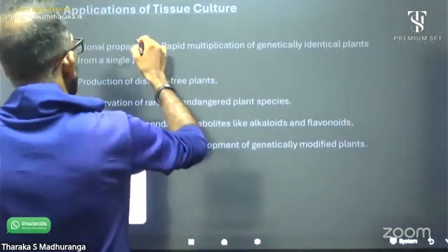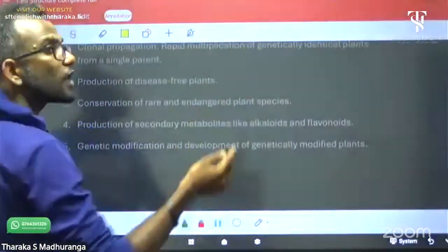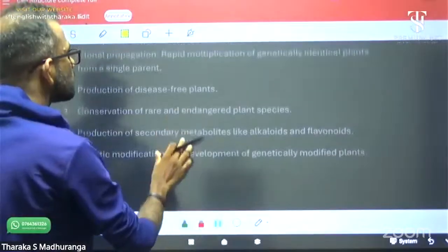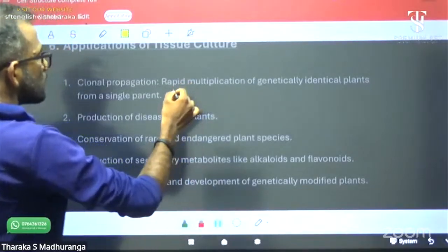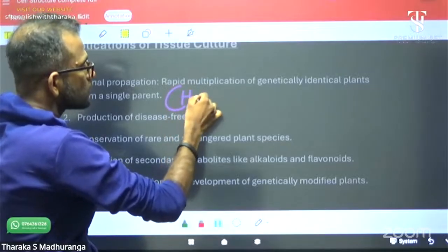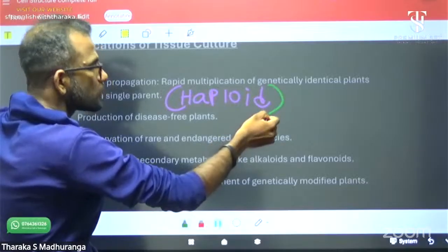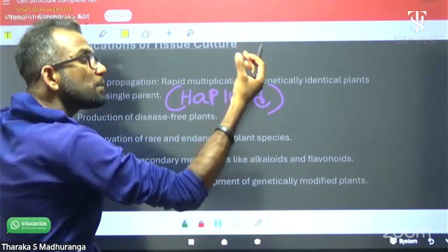Plants prepared from seeds are diploid plants.